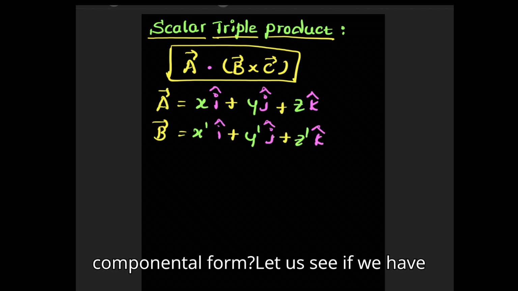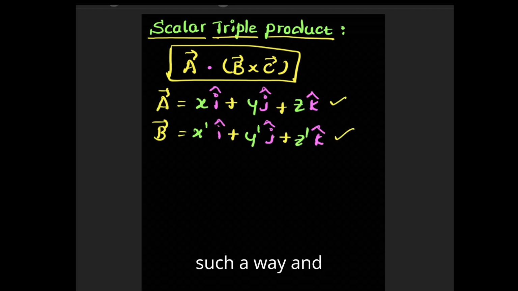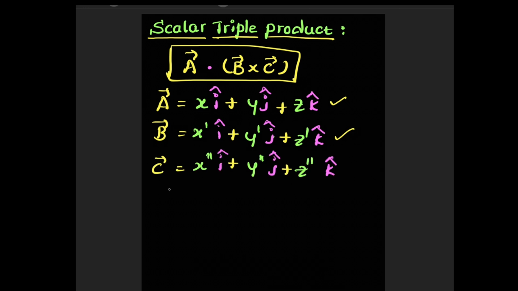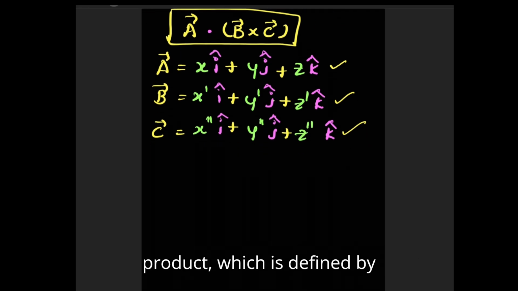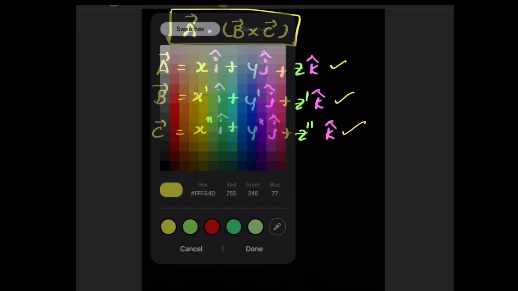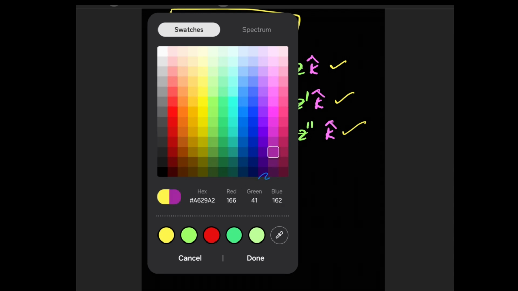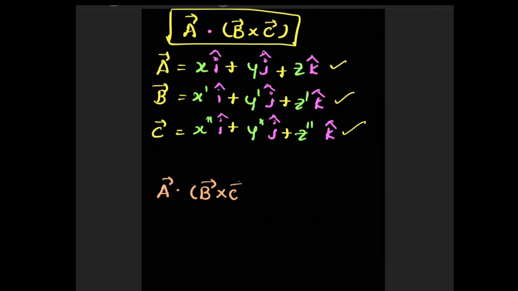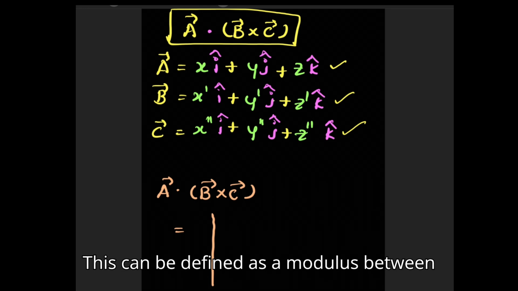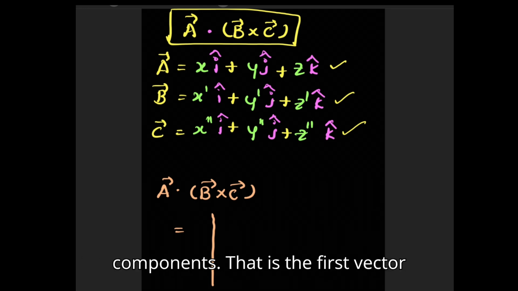Let us see. If we have two vectors a bar and b bar defined in such a way, and c bar as x double prime i cap plus y double prime j cap plus z double prime k cap, then how can we define the scalar triple product, which is defined by a bar dot b bar cross c bar. This can be defined as a modulus of the determinant of the three vector components.